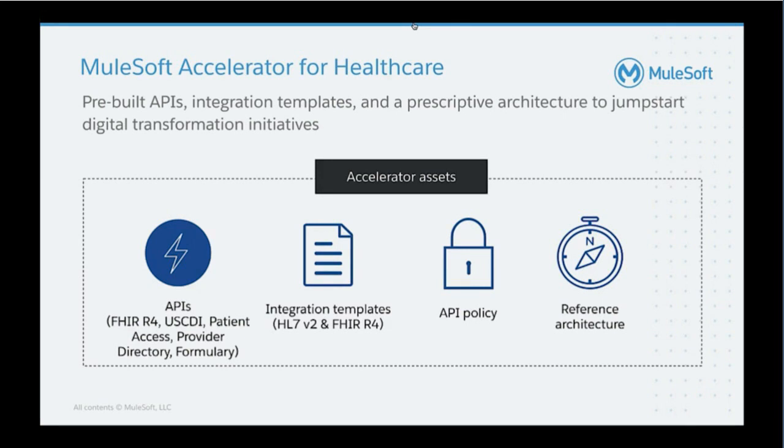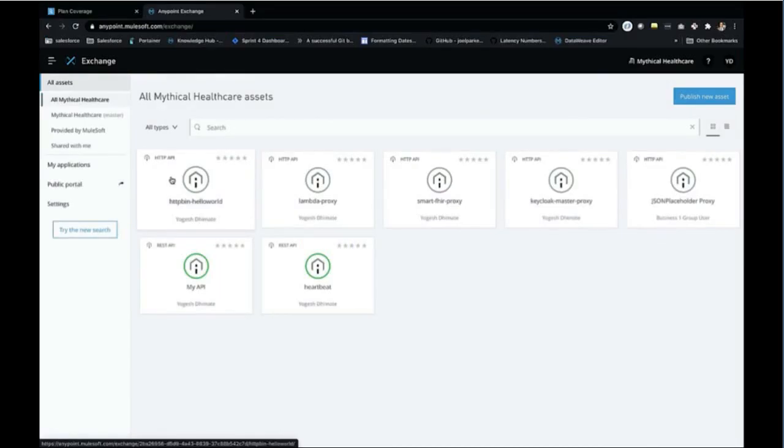So where can you find the accelerator for healthcare? The answer is Anypoint Exchange. Anypoint Exchange is the app store of all integration resources. It can host the assets created by your organization and comes with assets provided by MuleSoft.